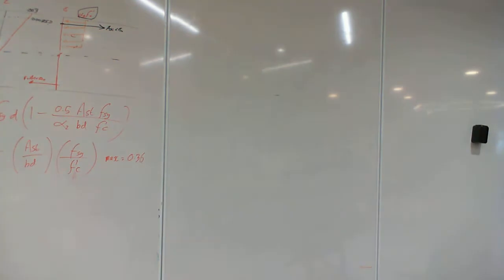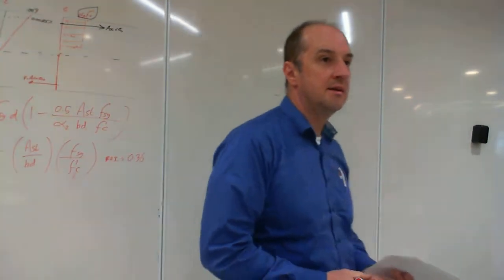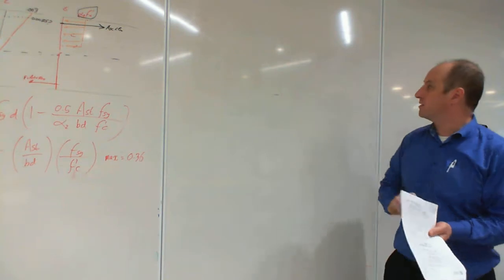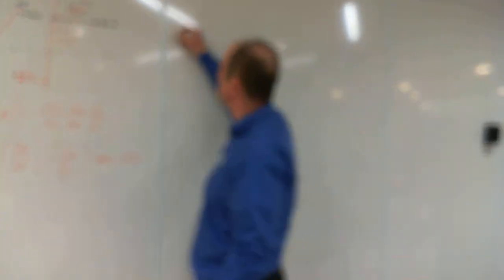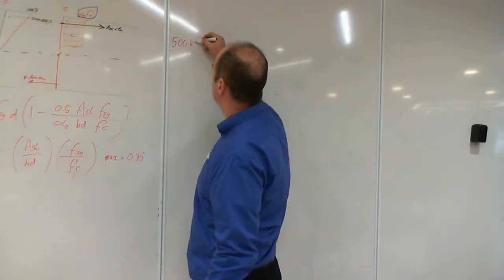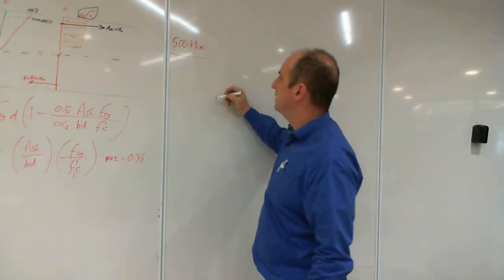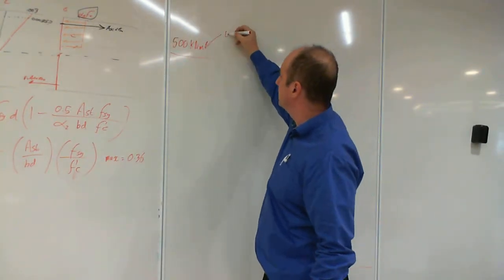Okay, when you have to make a beam with a certain Mu naught, let's say you need to make a beam with 500 kilonewton meters of force. That's your target Mu naught.